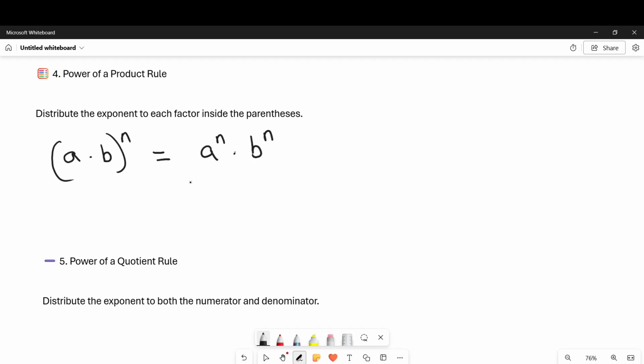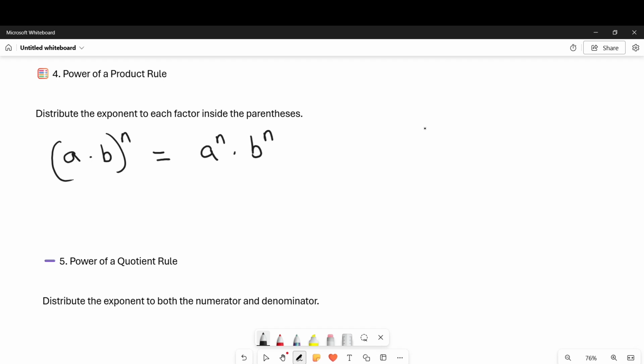What we do here is distribute the common power to each term and take the product. So whenever you see two variables inside the parentheses with a common exponent n, you can open the bracket and distribute it to each one.